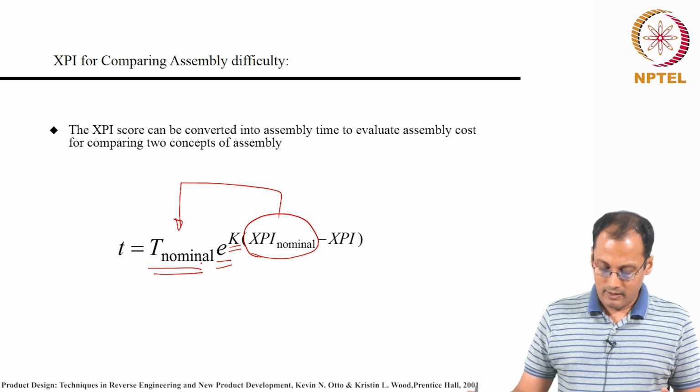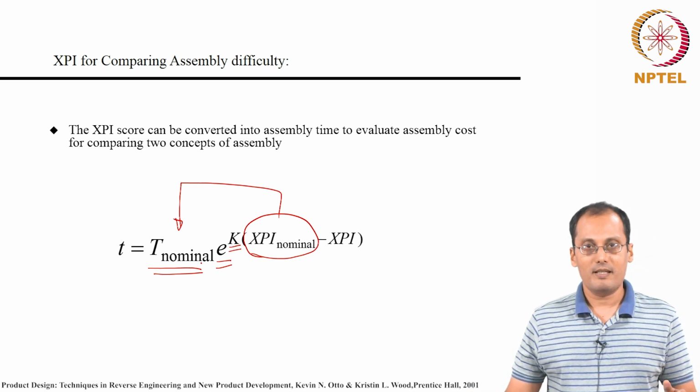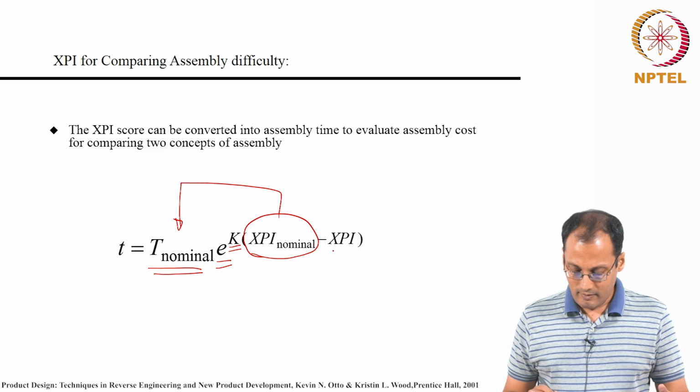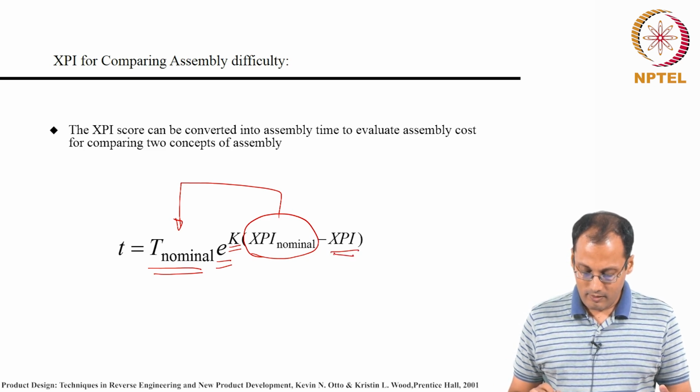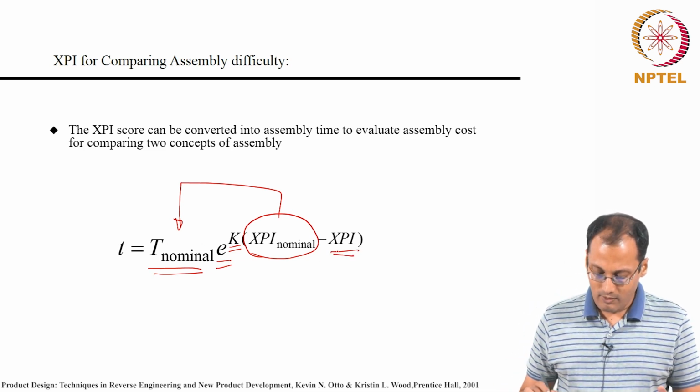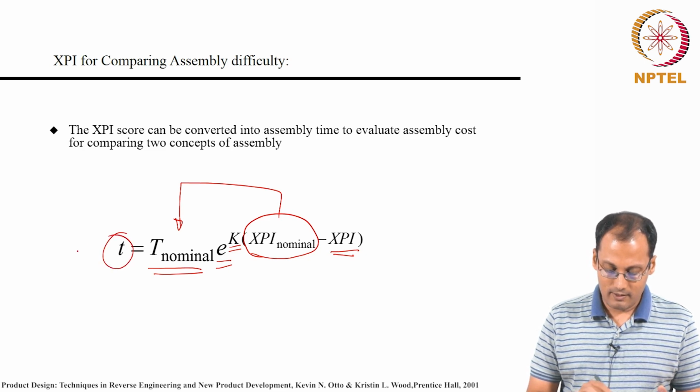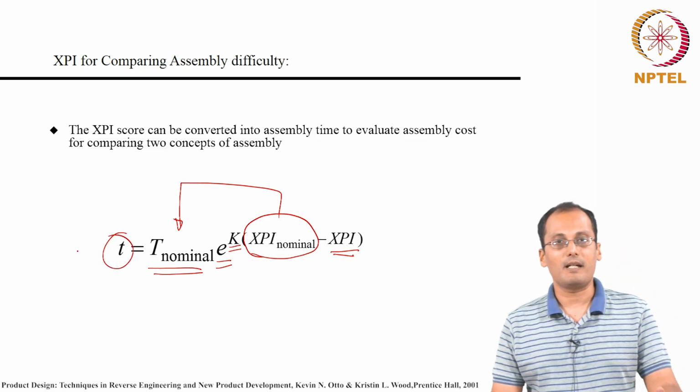Then for a changed design, if XPI is the score, then using this equation one can obtain the estimated assembly time.